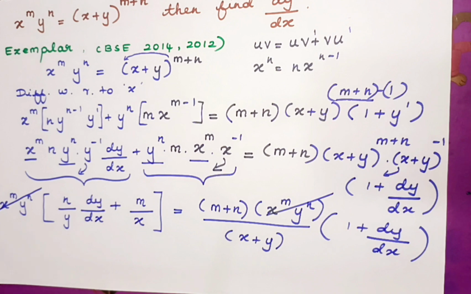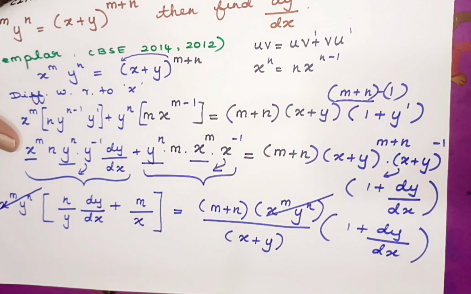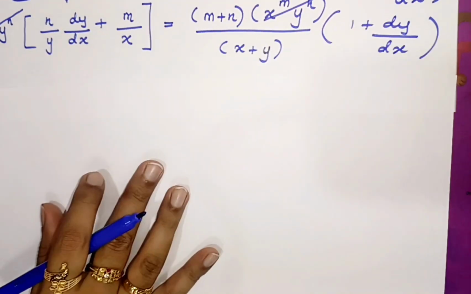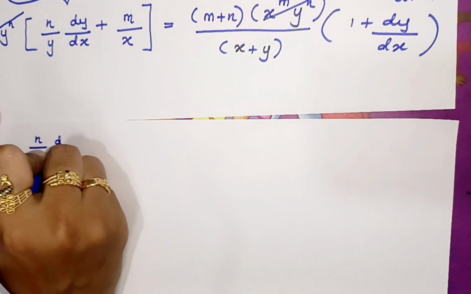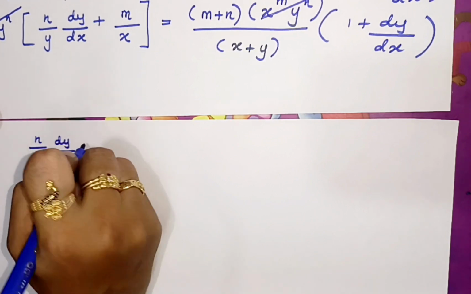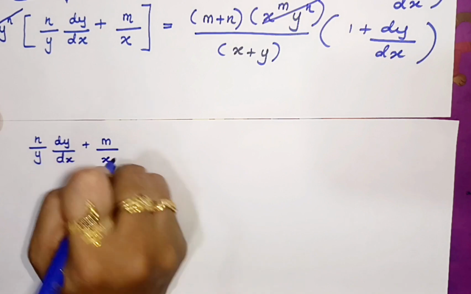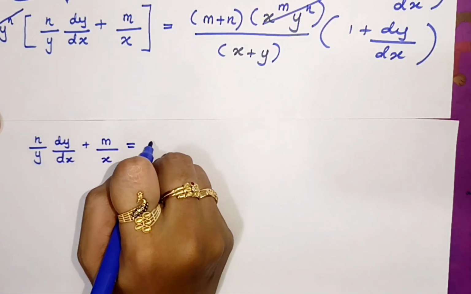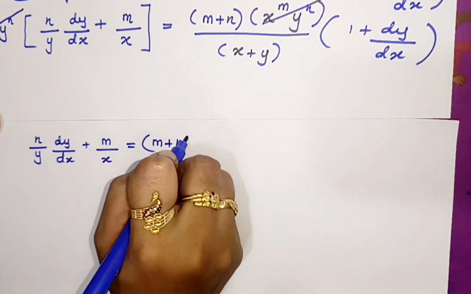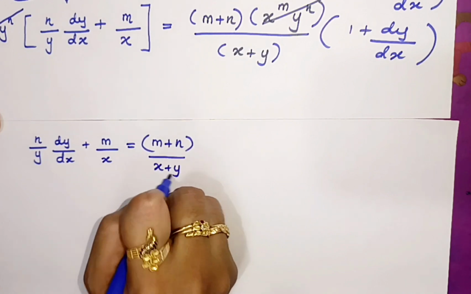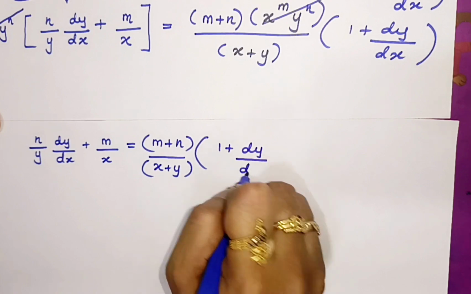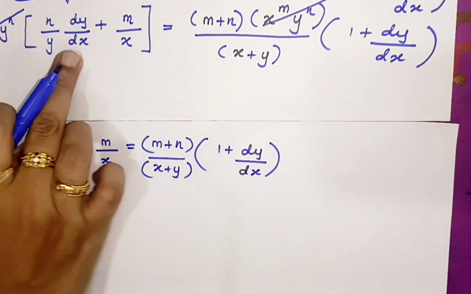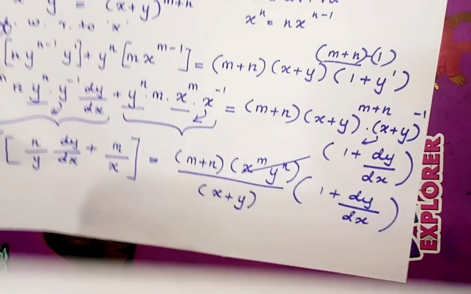So the remaining terms are n by y dy by dx plus m by x, that is equal to m plus n by x plus y into 1 plus dy by dx. So these are the terms which is remaining from the question.